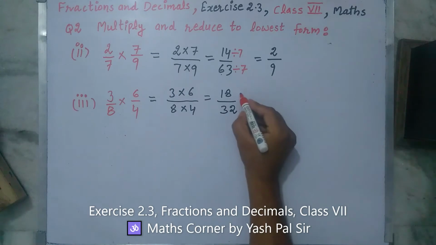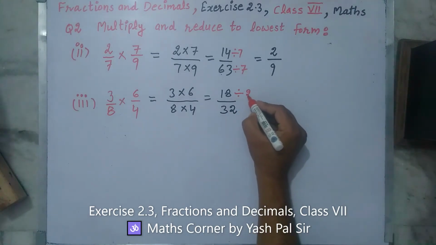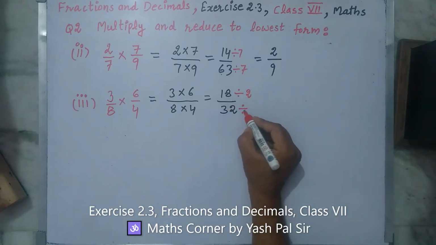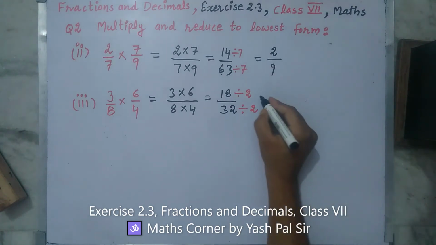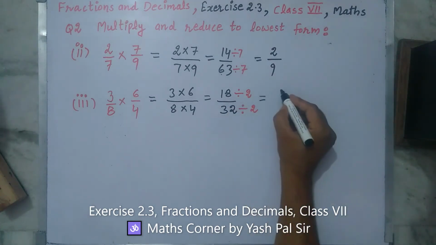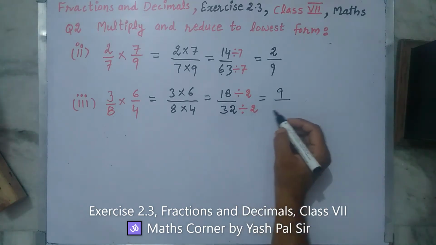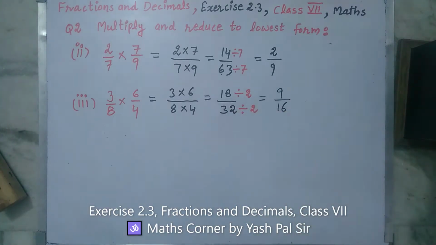So here first of all we divide by 2. 18 is divided by 2, 32 also divided by 2. So the answer is 18 divided by 2 means 9, 32 divided by 2, 16. Okay, so this is the final answer.